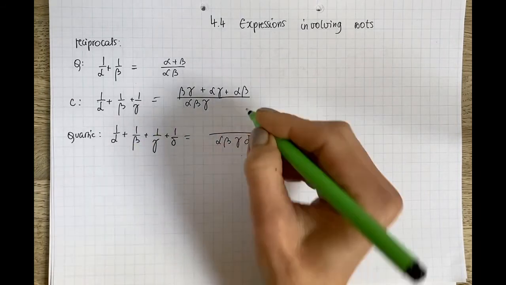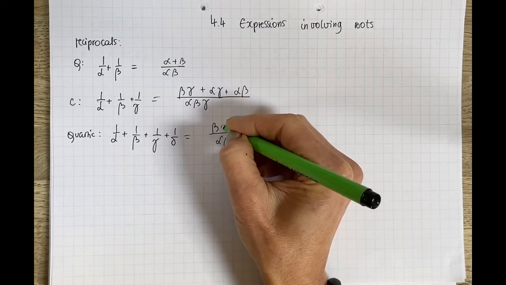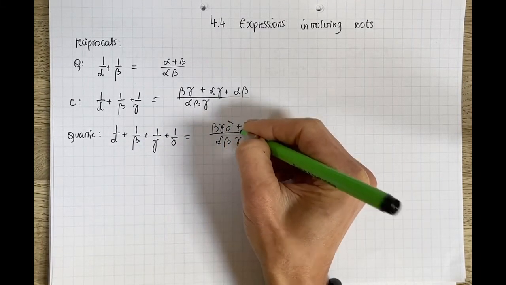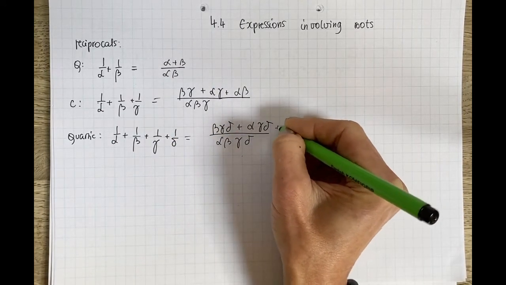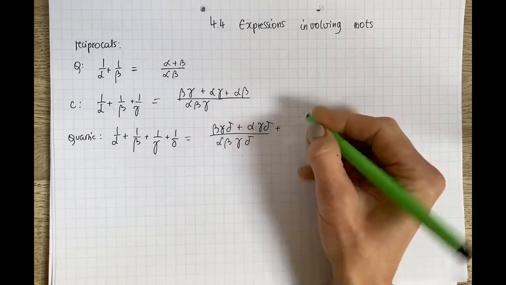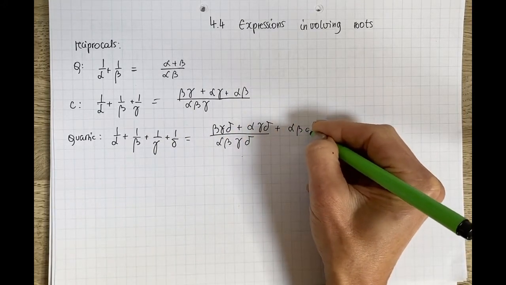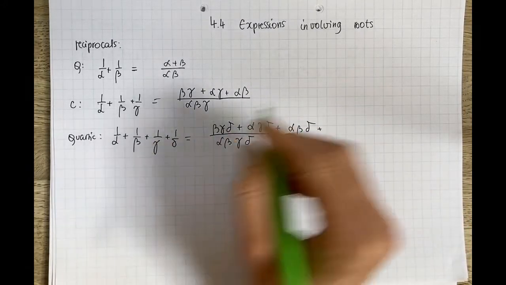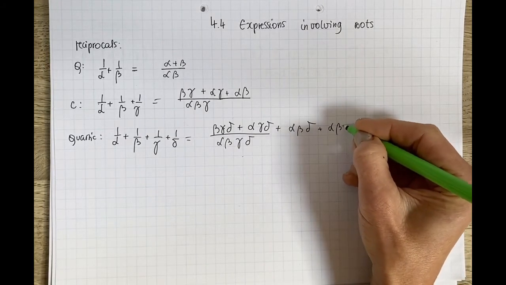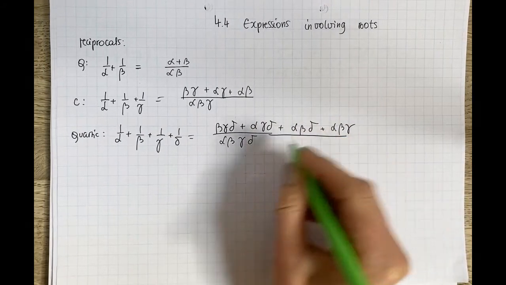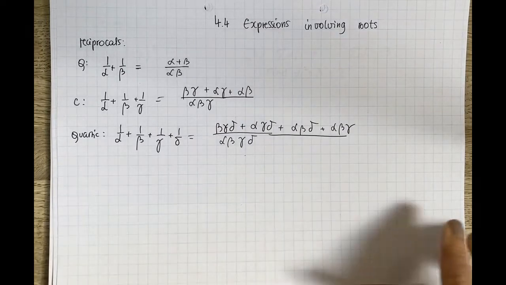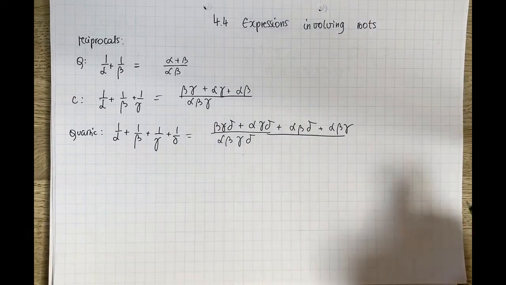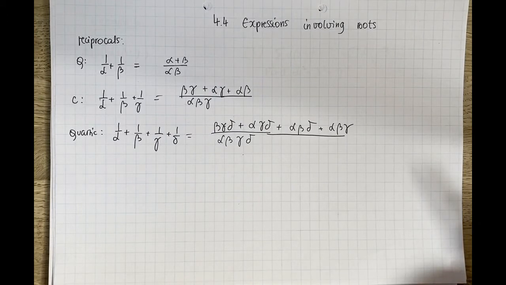So you'll have beta, gamma, delta plus beta would be multiplied by alpha, gamma, delta, then gamma by alpha, beta, delta, and lastly you will have alpha, beta, gamma on the top. And you can obtain those values by looking at the coefficients of x in the cubic equation.